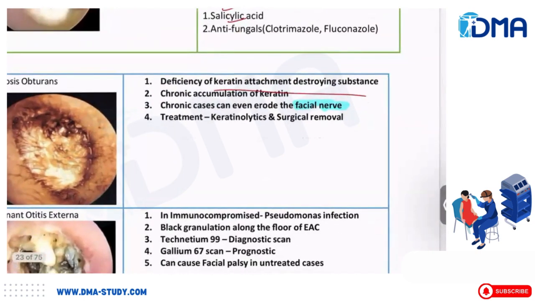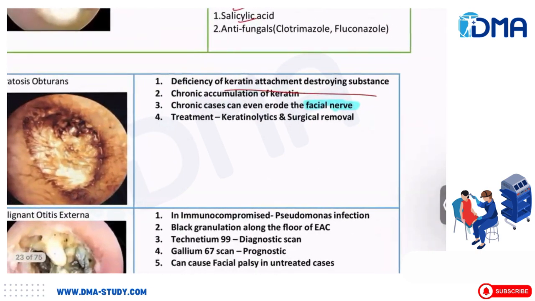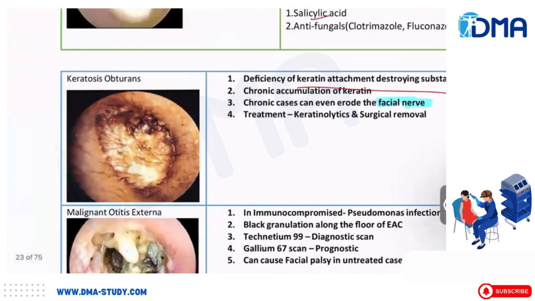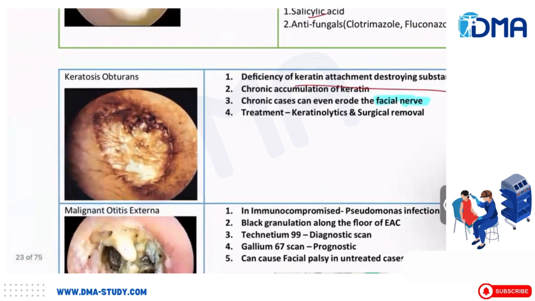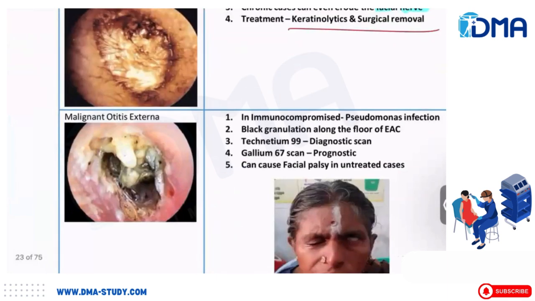Only dust, which is wax or keratin, the accumulation of keratin alone can cause a facial nerve palsy kind of disease called keratosis obturans. So how are we going to treat it? Keratinolytics and surgical removal. Keratosis obturans is an important disease. We are going to remove it with keratinolytics and surgical removal.